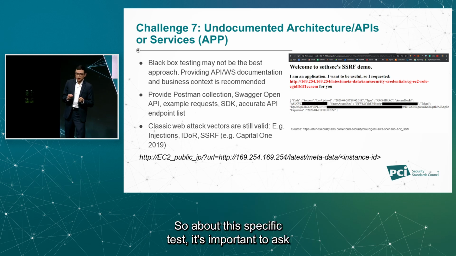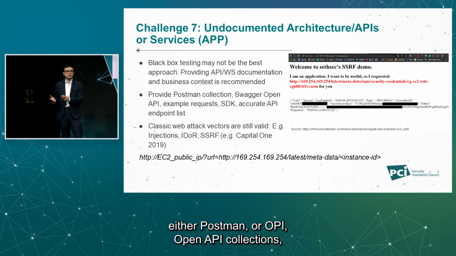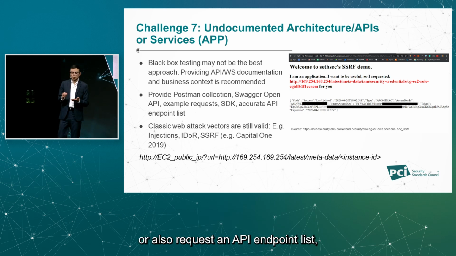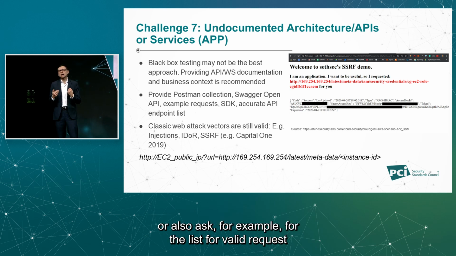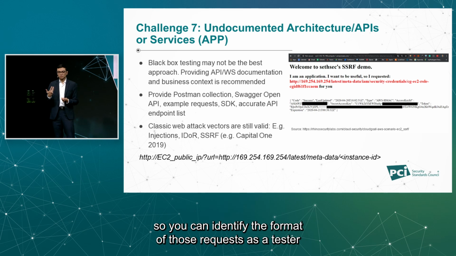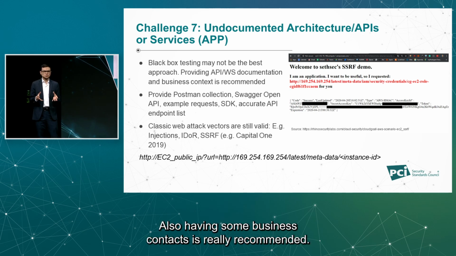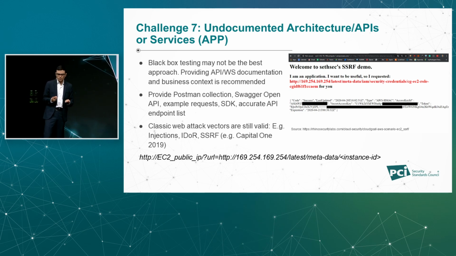So about this specific test, it's important to ask for technical documentation in any format, either Postman or OpenAPI collections, or also request an API endpoint list, or ask, for example, for a list of valid requests, so you can identify the format of those requests as a tester and identify how to interact with the application. Also, having some business contacts is really recommended.